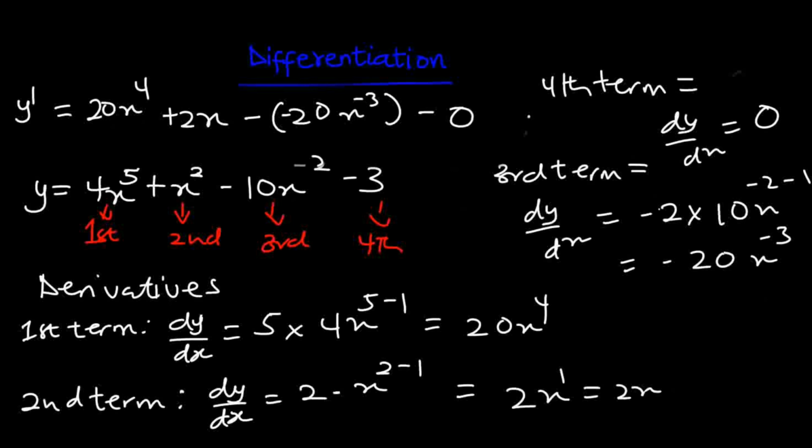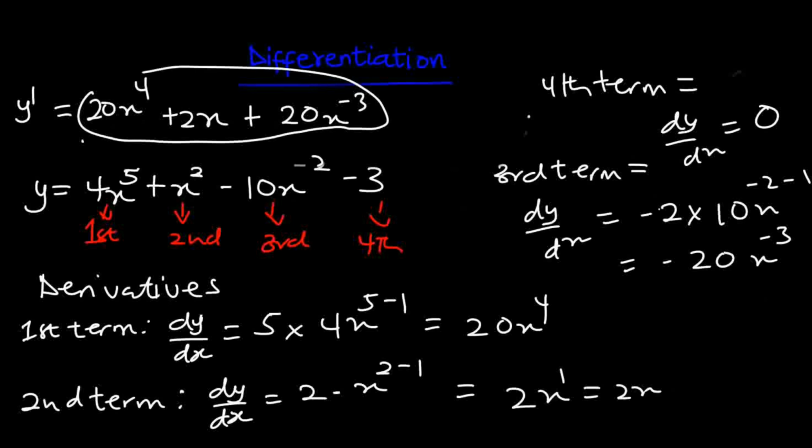So doing this, this negative here will multiply the term in the bracket, so then we have plus 20x to the power minus 3 plus 0. So this will be the derivative of this function y here.